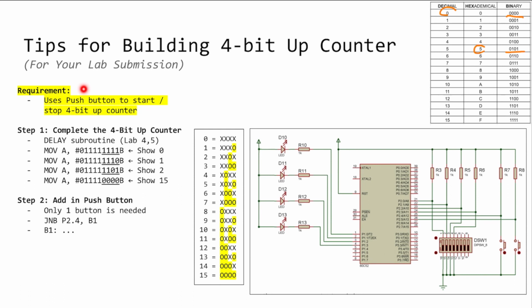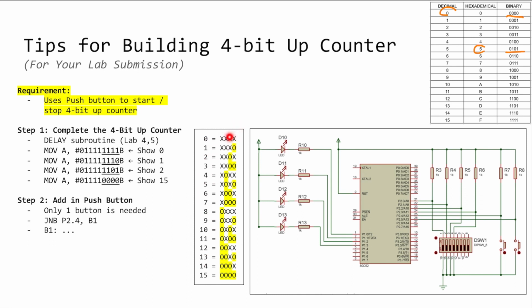So what is a 4-bit up counter? It is a counter that counts from 0 until 15, because 4 bits can represent 16 numbers. So the numbers are 0, 1, 2, 3, 4, 5, 6, 7, 8, 9, 10, 11, 12, 13, 14, 15. These are the 16 numbers that we want to count.